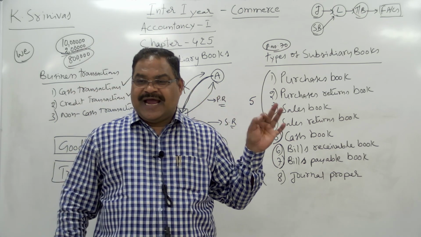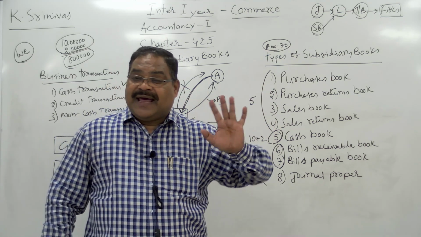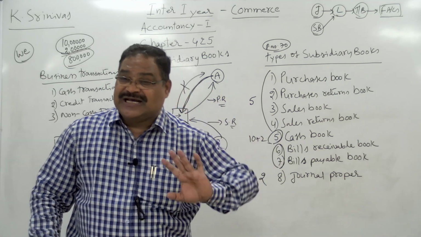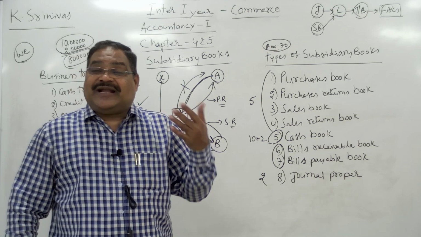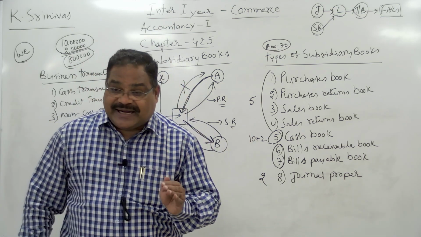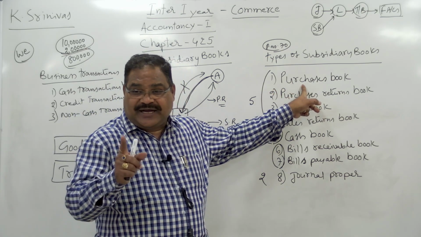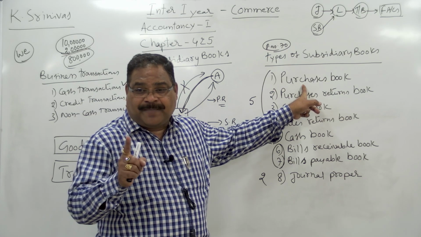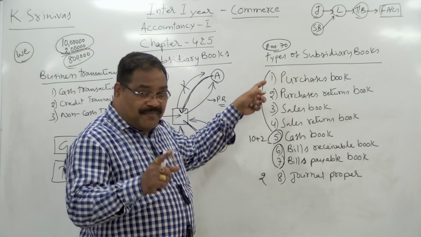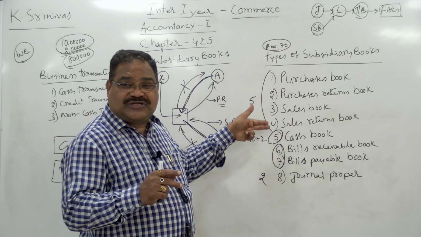Have you got my point? Credit purchase of goods should be taken. Cash purchase of goods and cash purchase of assets should not be taken. Credit purchase of assets should not be taken. Once again, I am telling you, because when you prepare, compulsorily you will get for 5 marks one book, maybe 1 or 2 books, maybe purchase book, purchase returns book, sales returns book.